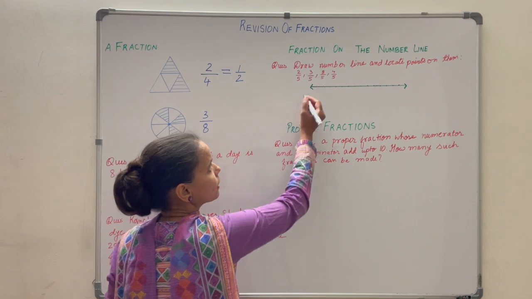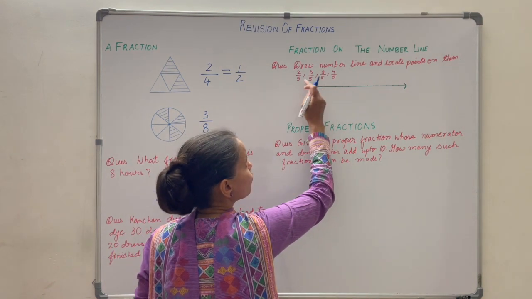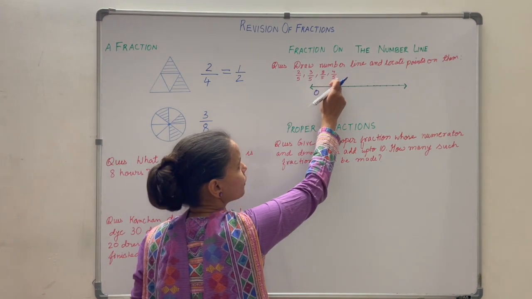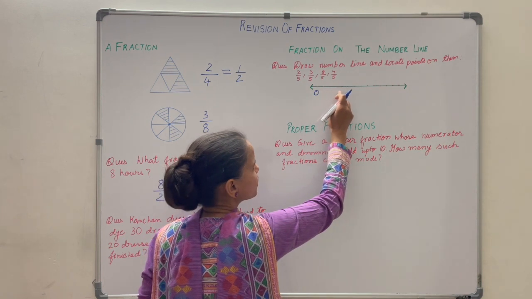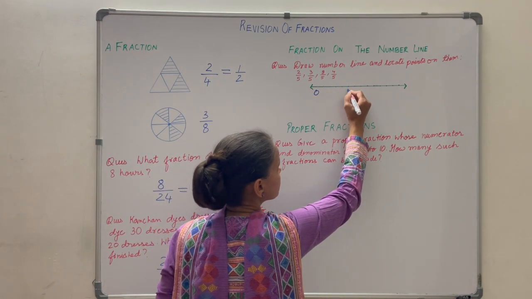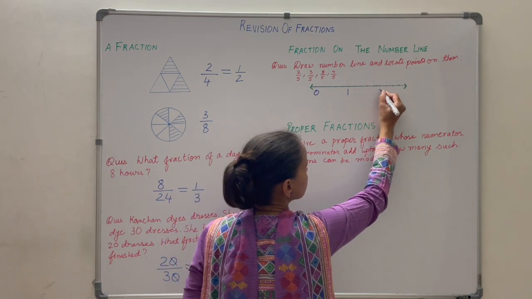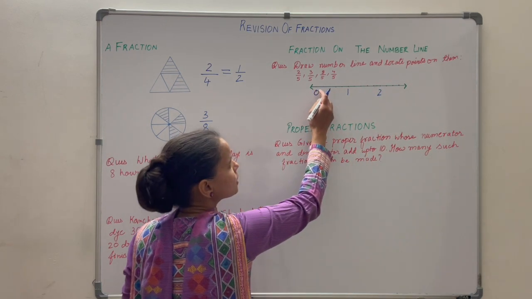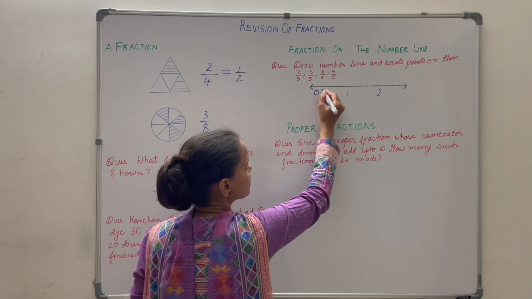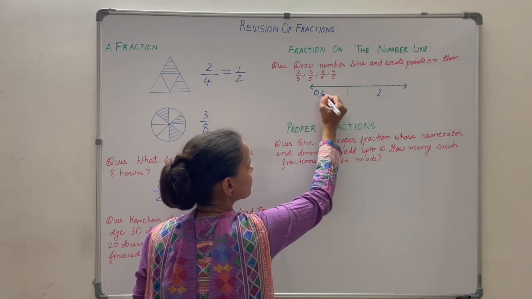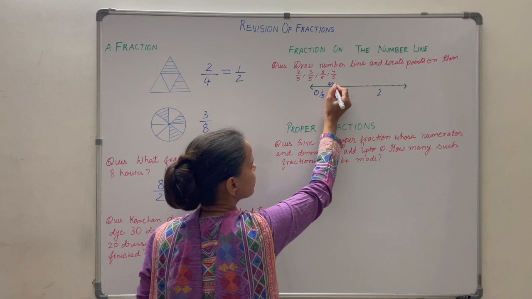So let us mark this point as 0. So 1 unit should be divided into 5 equal parts. So 1, 2, 3, 4, 5. So this is your 1. 1, 2, 3, 4, 5. This is your 2. So this is 1 by 5 because this is 1 unit away. This is your 2 by 5.